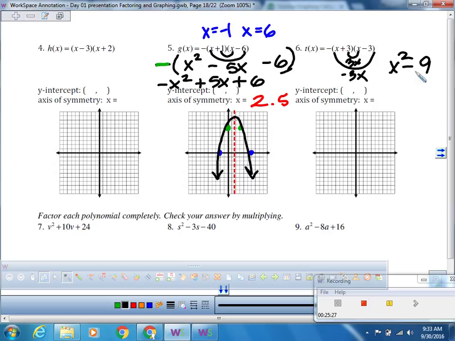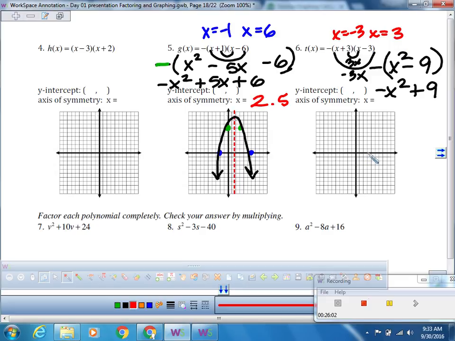Now all I have to do is apply a negative to it, because there's a negative out in front of this function. So it's negative x squared plus 9, and a negative x squared plus 9 gives me zeros at x equals negative 3 and x equals positive 3.